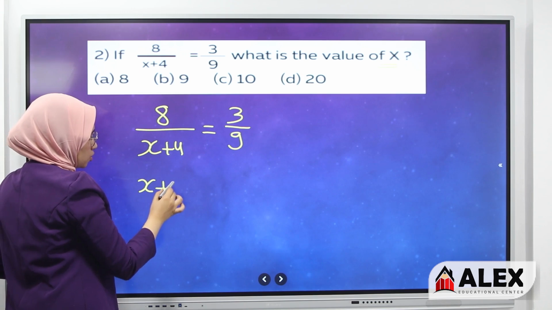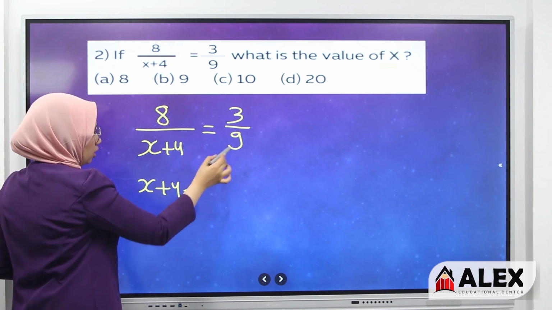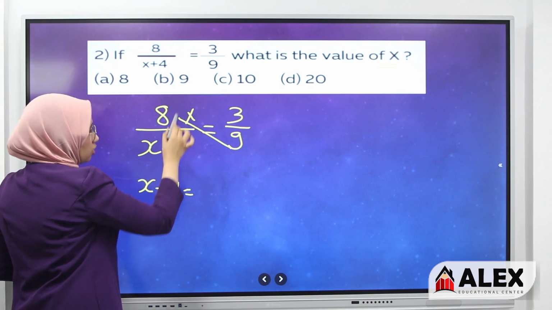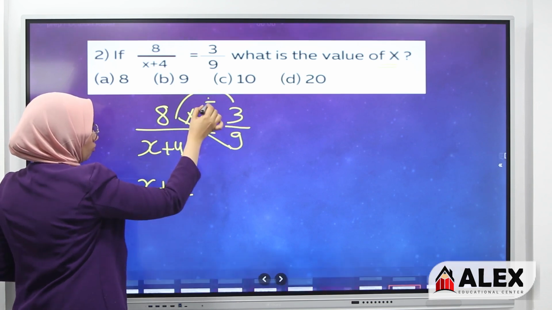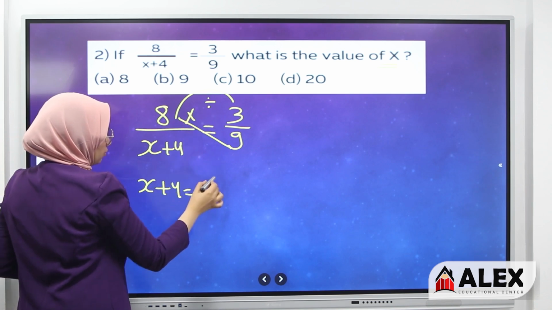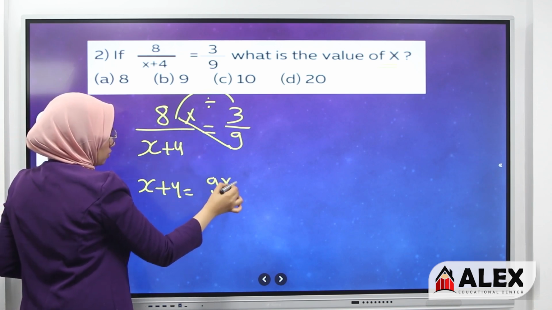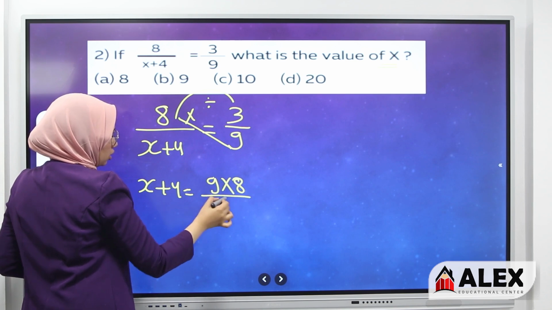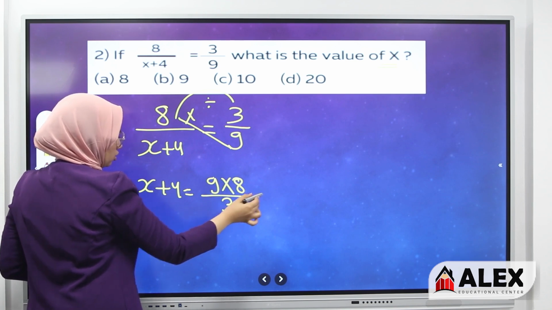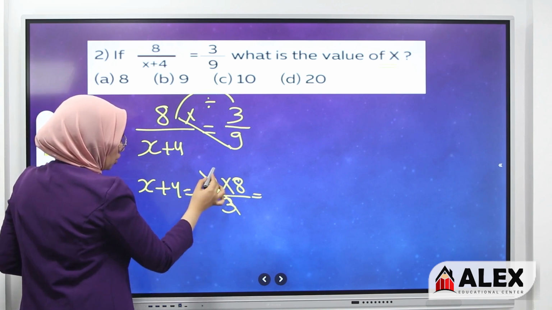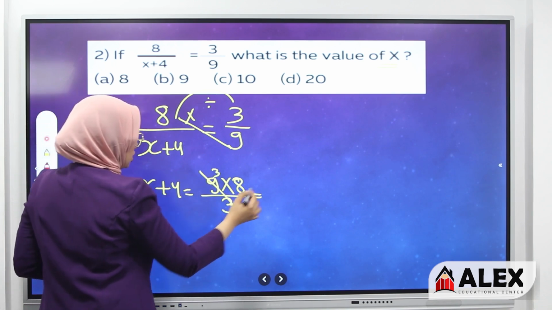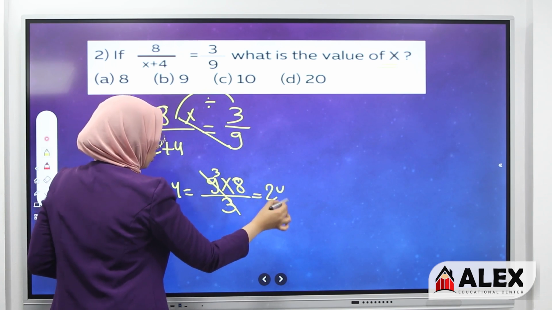x plus 4 equals 9 times 8 divided by 3. Put it in your calculator, but 9 divided by 3 equals 3, and 3 times 8 equals what? 24.